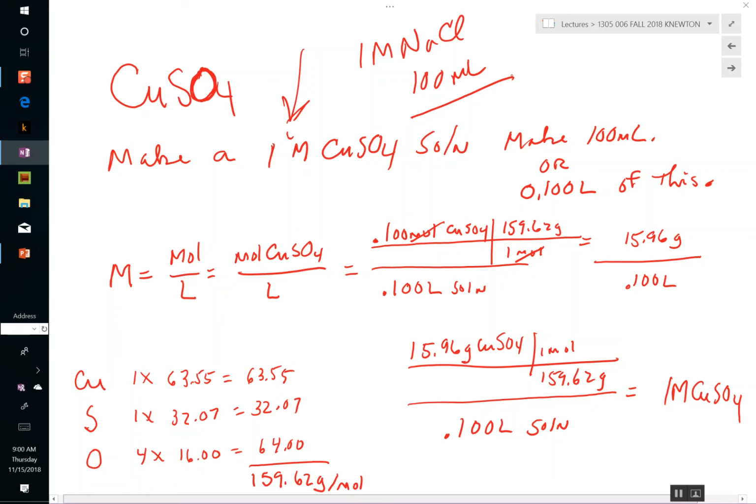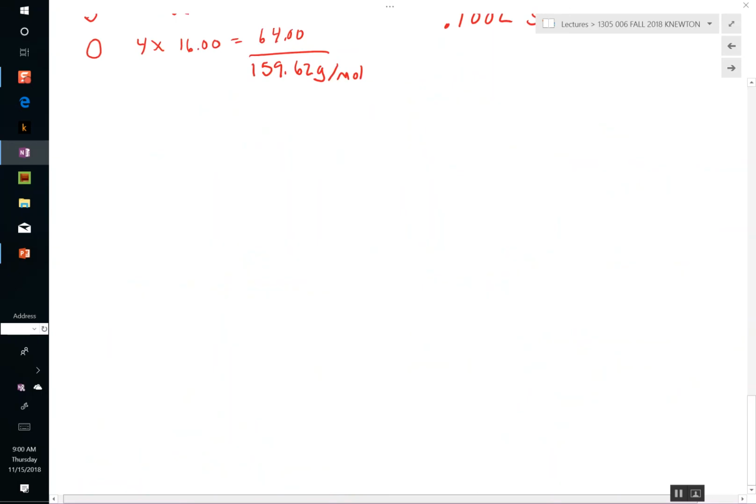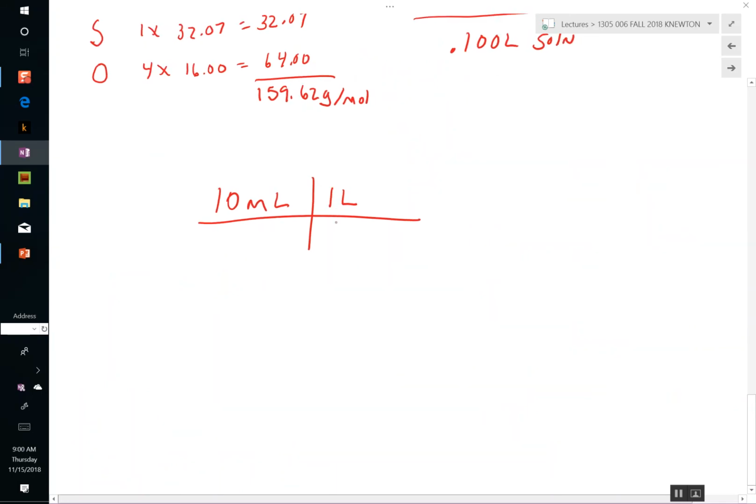There's my copper sulfate, but I don't have a balance. Well, let's do it mathematically. If I got 10 milliliters, and it's 1 liter per 1,000 milliliters, that's 1/100th of a liter.